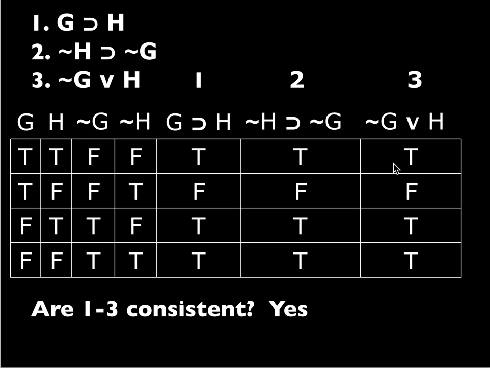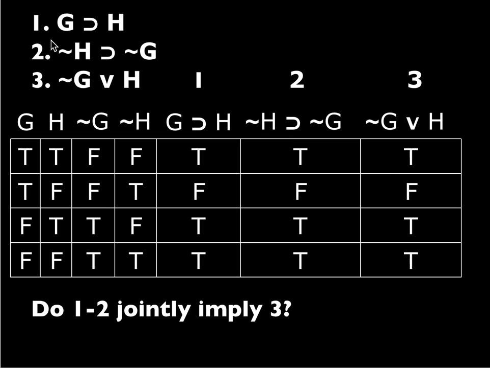Now, the implication questions, the joint implication questions, are going to be framed like this. Do 1 and 2 jointly imply 3? So I'm going to look for a counterexample row, which will be any row where these 2 are true, but this one is false.